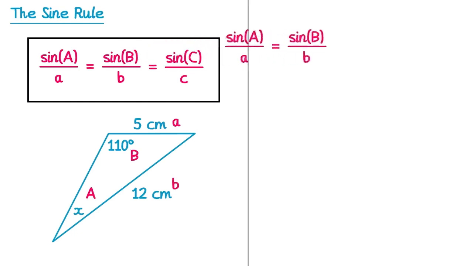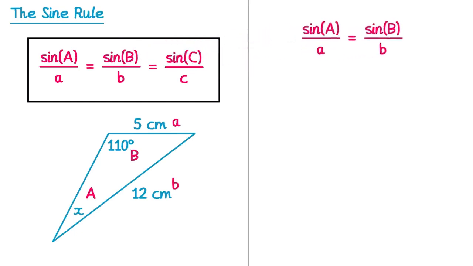Then we take the formula and write this out once more, but replace all of the letters with the information from the question. So we've got sine of A, which is sine of x, over lowercase a, which is 5, is going to equal sine of capital B, which is sine of 110, divided by lowercase b, which is 12.